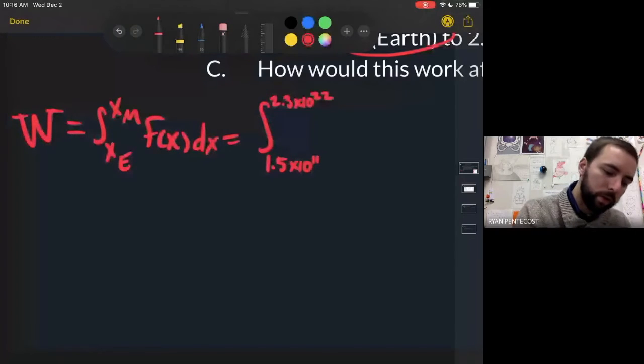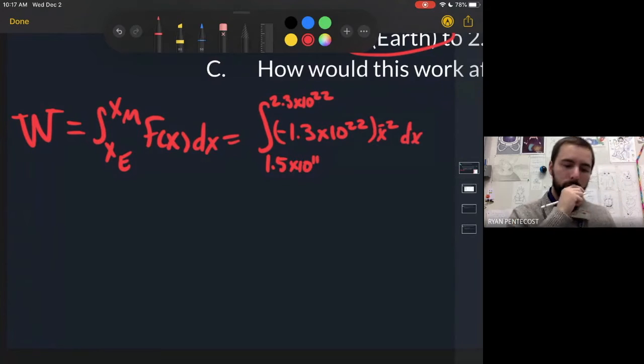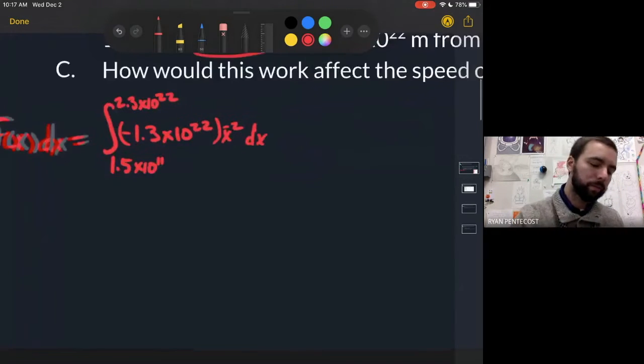And our equation is negative 1.3 times 10 to the 22nd times x to the negative 2 dx. Now that x to the negative 2 is like being divided by x squared.